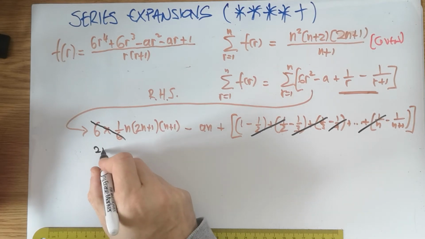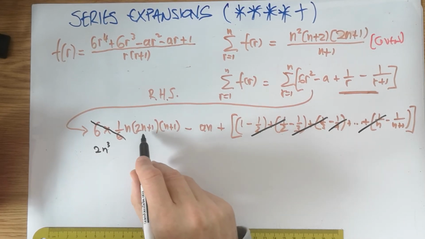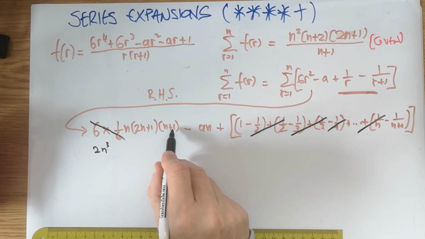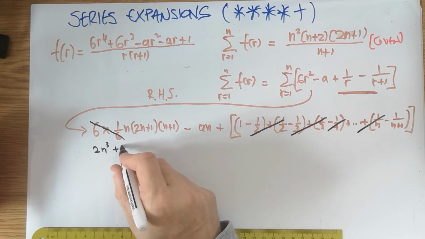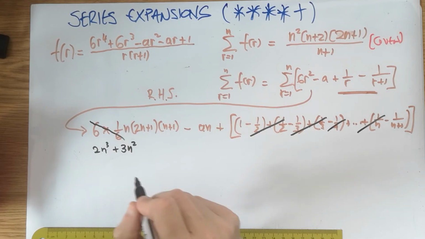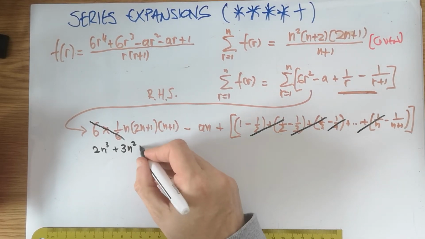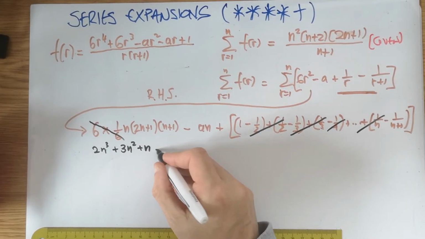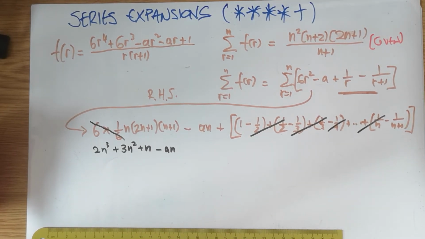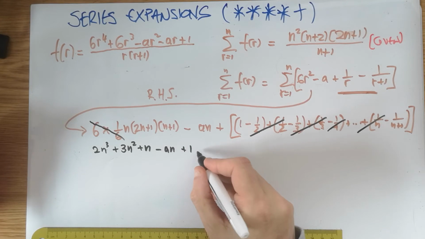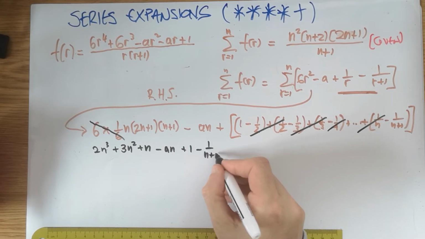Let's write it as 2n cubed plus 2n squared, plus n squared because of the n on the other side, which makes plus 3n squared. Plus 1, it's just simply plus n. Minus the an, which is there. And then we have a plus 1 minus 1 over n plus 1.